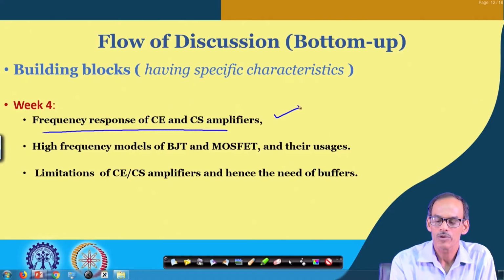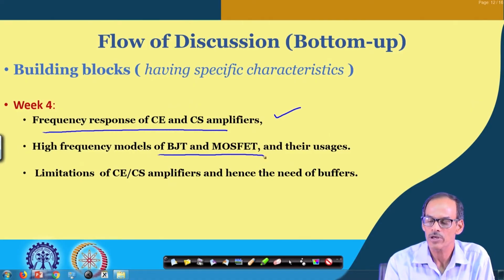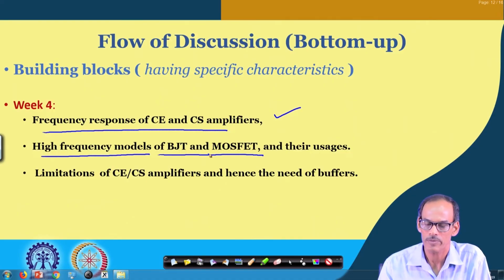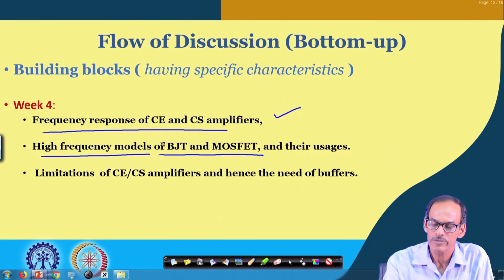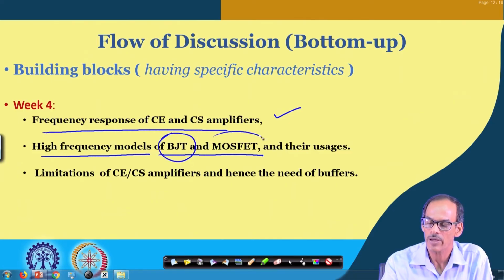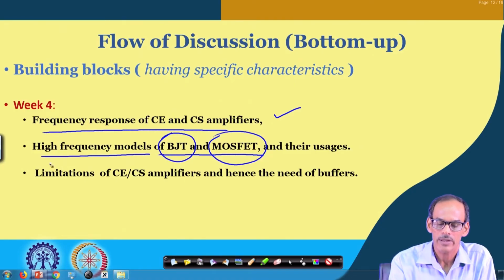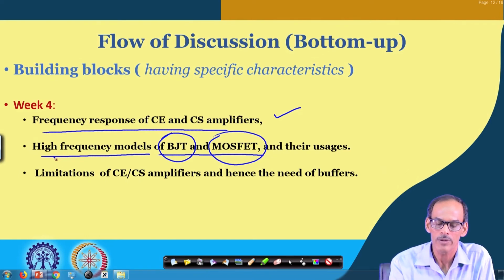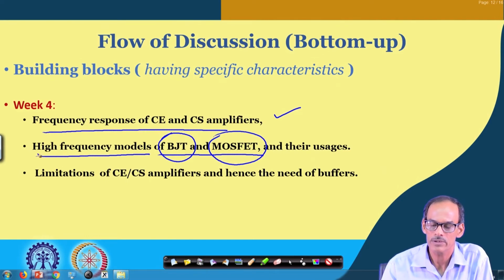And then we will move to the transistor model, keeping in mind that individual transistors have their own limitation in terms of the frequency of operation. Namely, each of these transistors has its own parasitics restricting its performance over a certain range, and hence each will have its own model representing the parasitic components, which are called high frequency models.